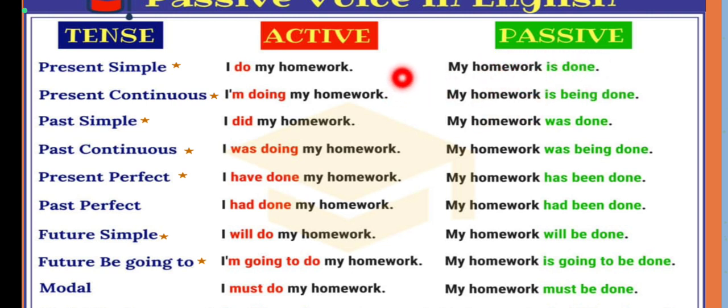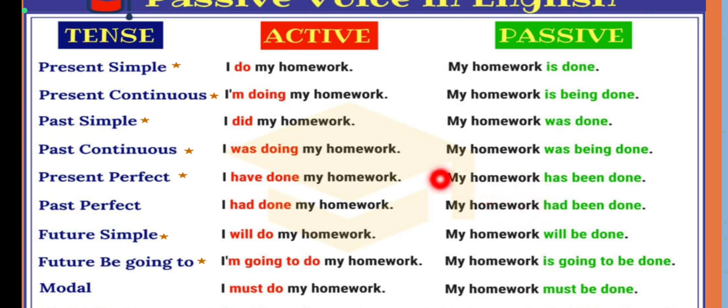So if we have present simple, we use is. If we have present continuous, we also use is. If we have past continuous or past simple, we use the past form, which is was or were. Okay, here we can also use are, depending on the noun.